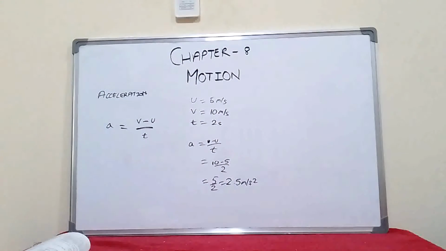So the unit for acceleration is meter per second square, and the acceleration here is 2.5 meter per second square. So this is how we calculate acceleration.